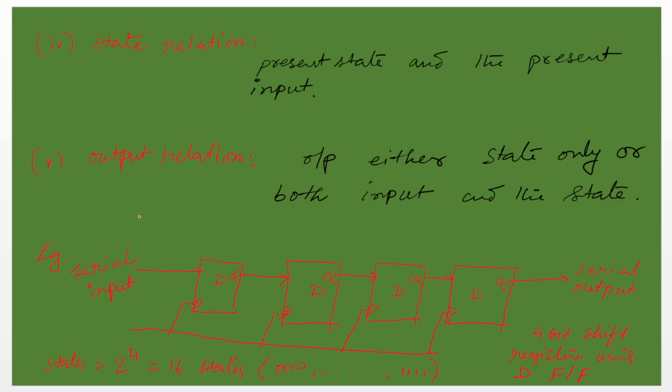These are the possible states. And now the input: one serial input and one serial output, as I have mentioned.